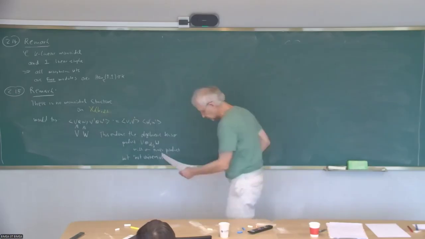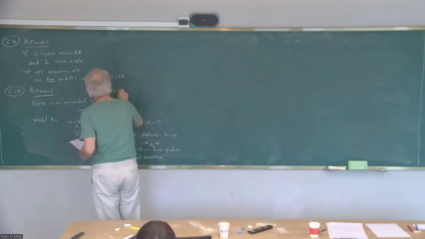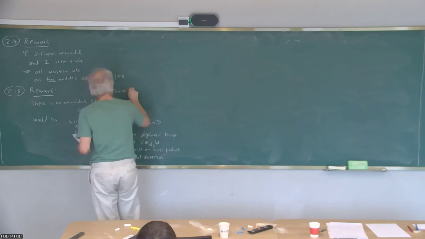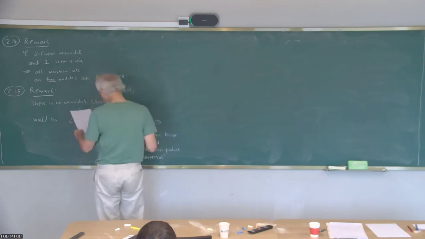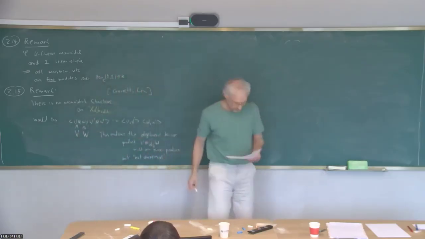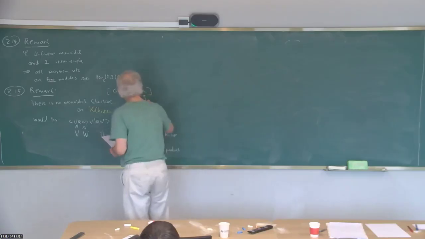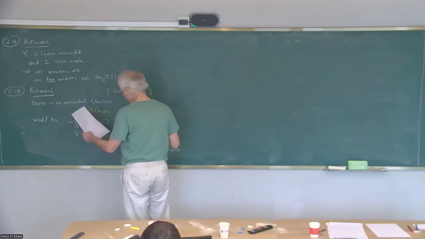For this, I should give you a reference. There's a paper by Garrett, maybe not a paper, this could be a website, I think, and another one by Lim. And I will link them. And the link is here, it's example 418.